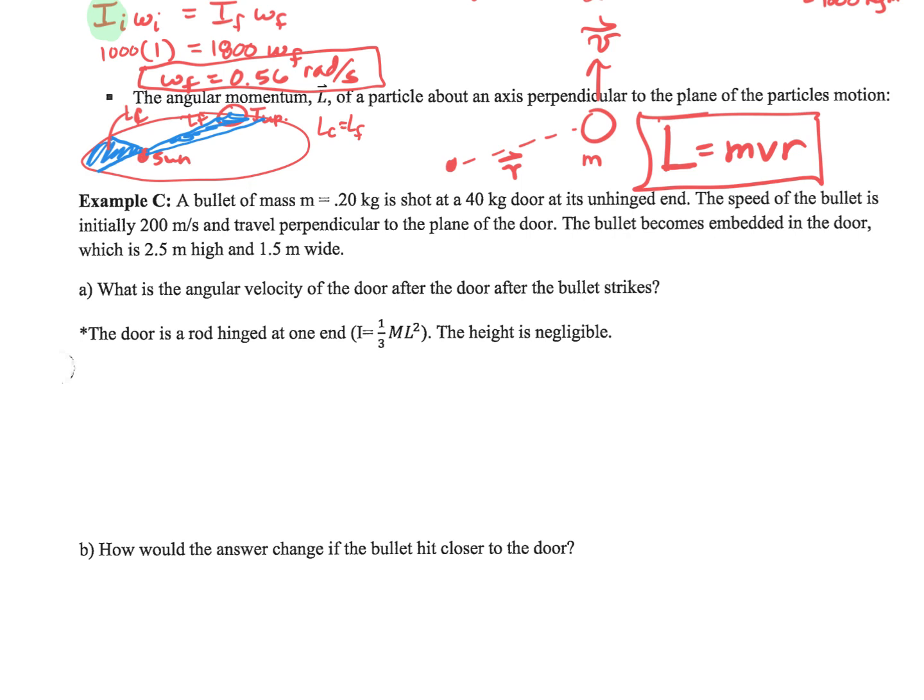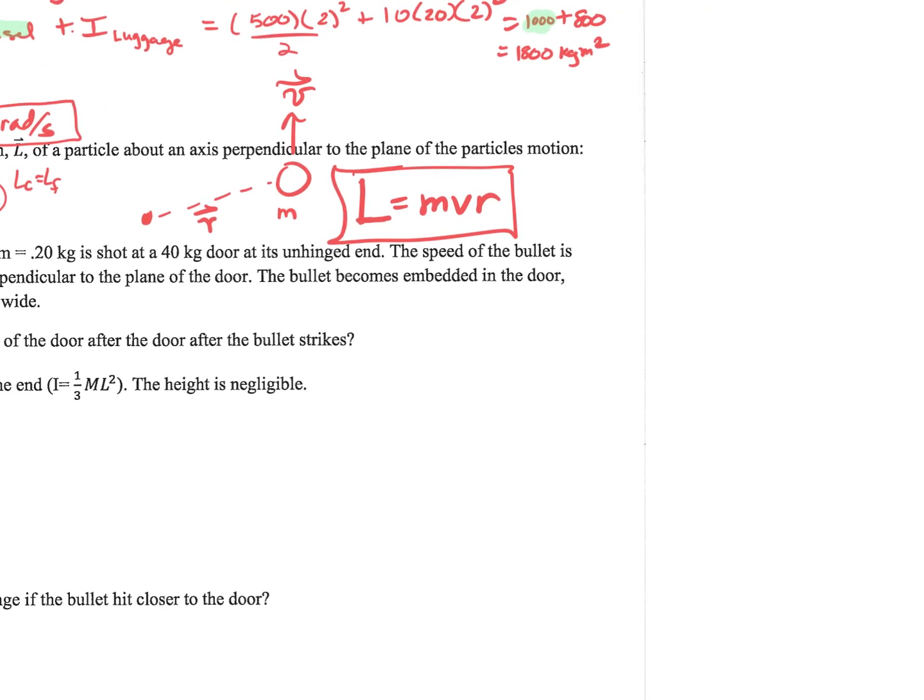So even if it's moving through space linearly, it can still have angular momentum. Now, angular momentum and linear momentum are both conserved individually. So maybe you ought to write that down.